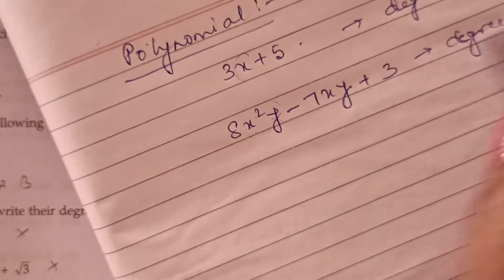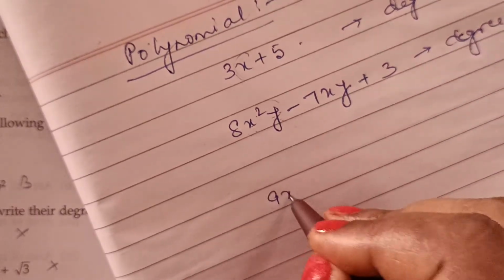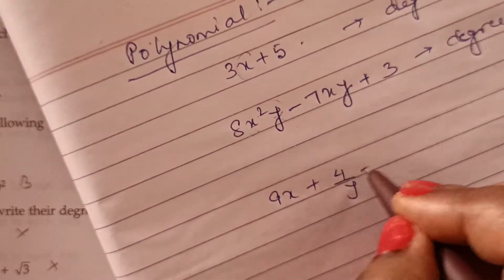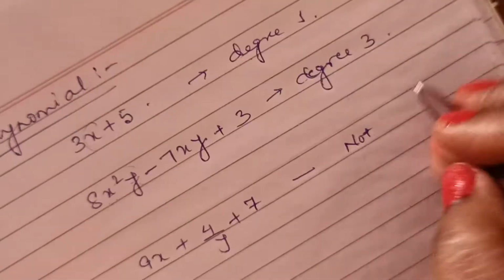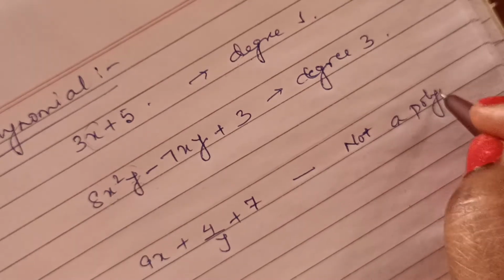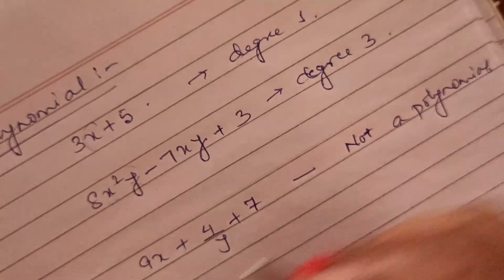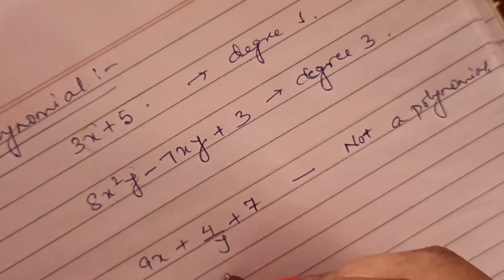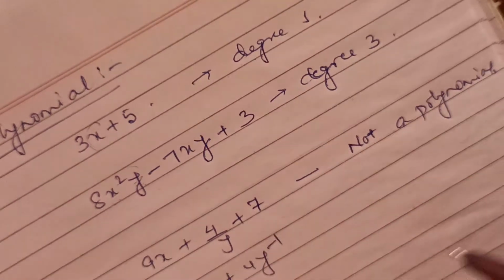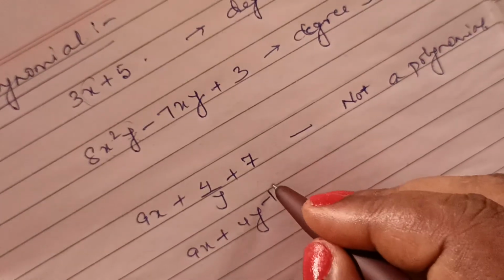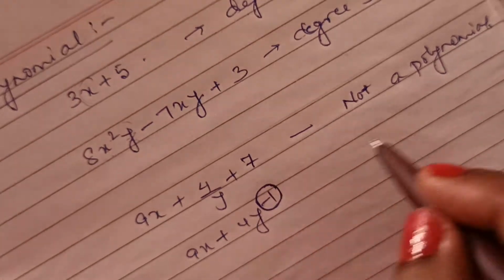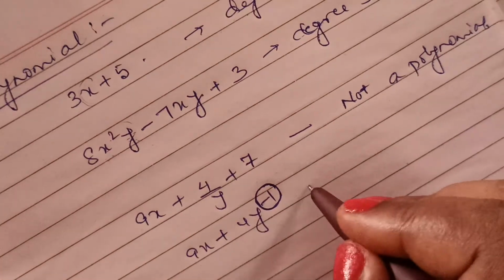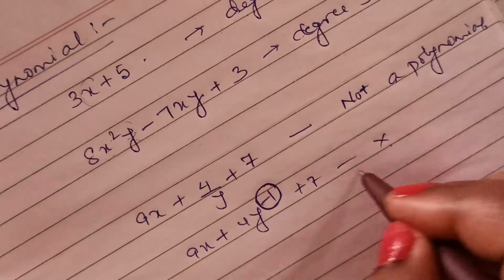Okay, now if I write down 9x plus 4 by y plus 7, now it is not a polynomial. Why is it not a polynomial? Because here we will write 9x plus 4 y to the power minus 1, isn't it? Now if there is a negative power, exponent is negative, then it is not a polynomial. So it is not a polynomial.